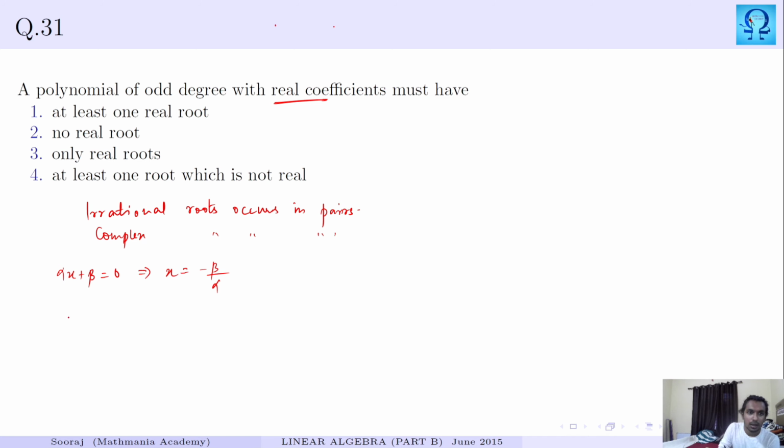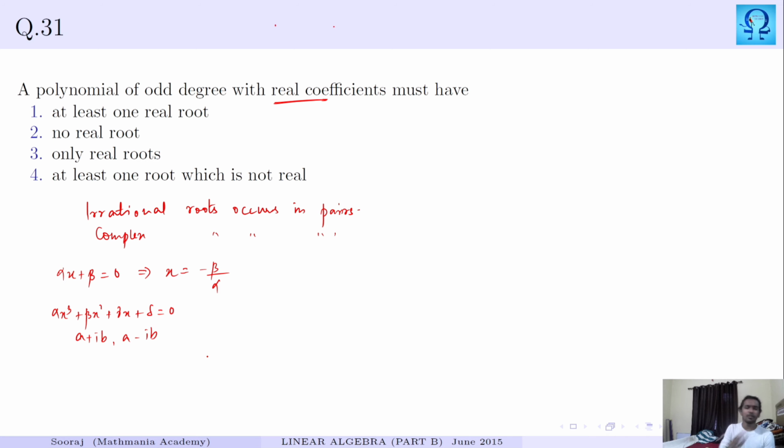And let us consider the case when alpha x cube plus beta x square plus gamma x plus delta is equal to 0. Suppose it has a complex root, then a plus ib and a minus ib are two solutions. The one left-out solution cannot be complex. It has to be real.